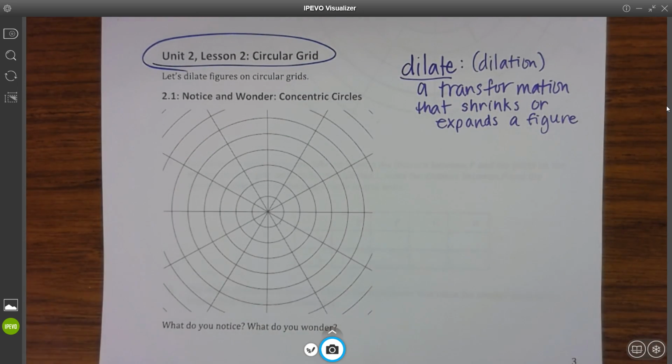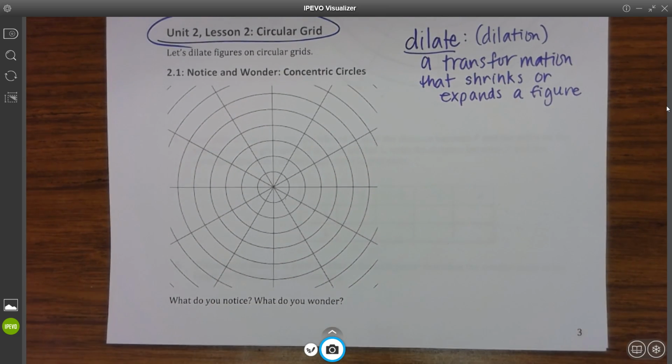And we'll get a more specific, more mathematical definition as we go through. But just so you have a little bit of an idea, we are going to be looking at a transformation that shrinks and expands figures.